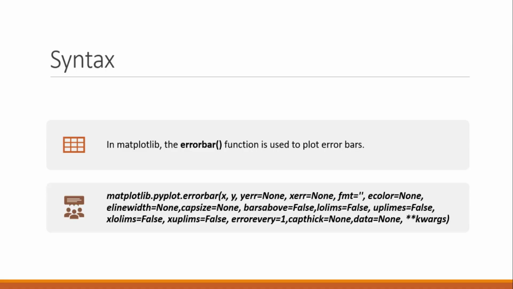Then in the function we pass a number of parameters which are x, y, yerr, xerr, fmt called as format, ecolor, elinewidth, capsize, barsabove, lolims, uplims, xlolims, xuplims, errorevery, capthick, data and other keyword arguments also.